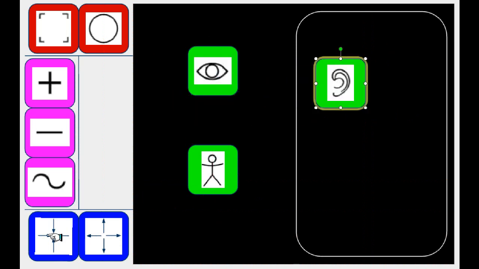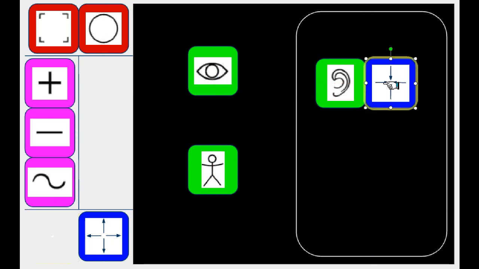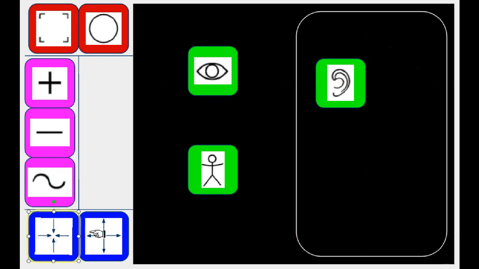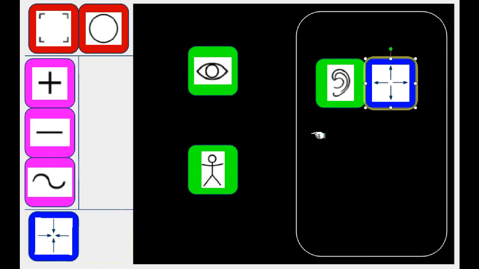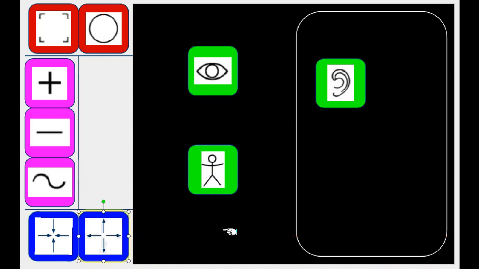And what is this? This is hear in. It means that we hear something inside of our minds. And what is this? It's hear out. It means that we hear something in the objective physical world.